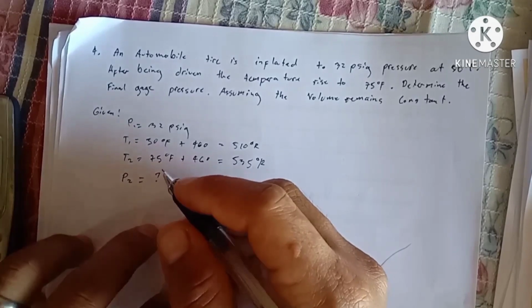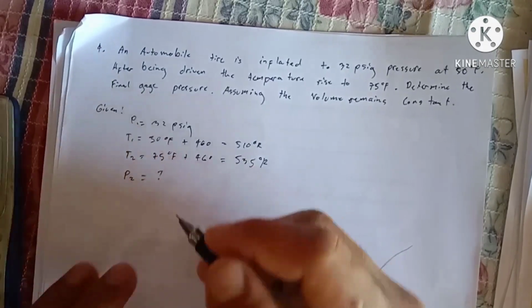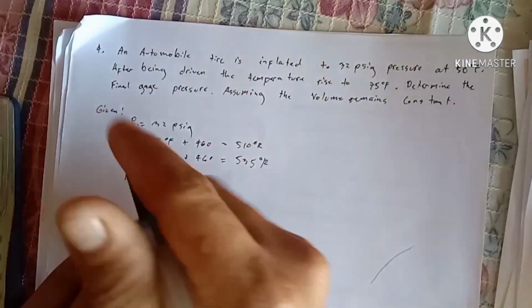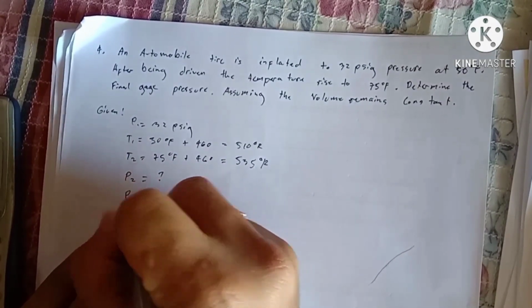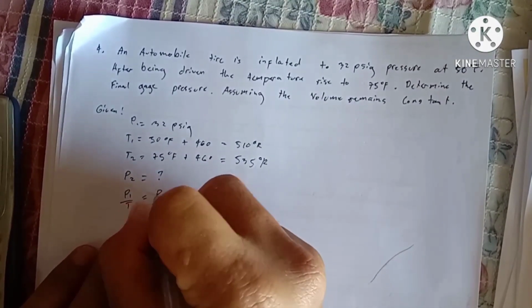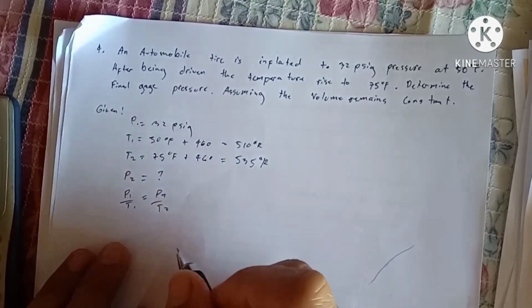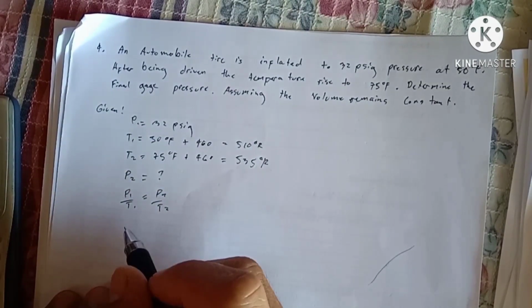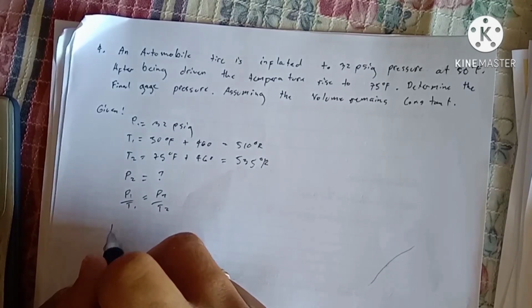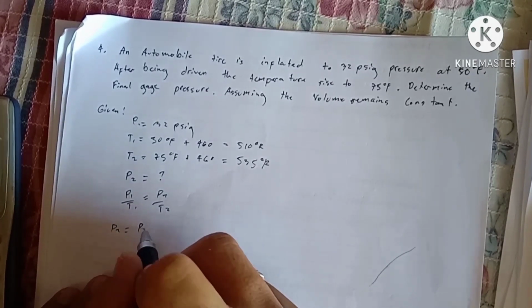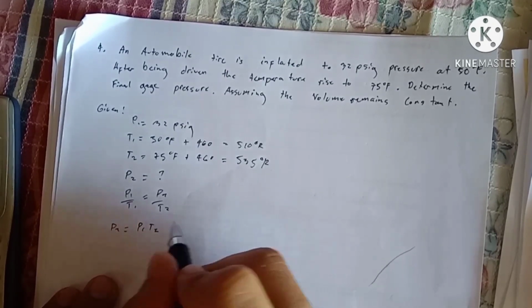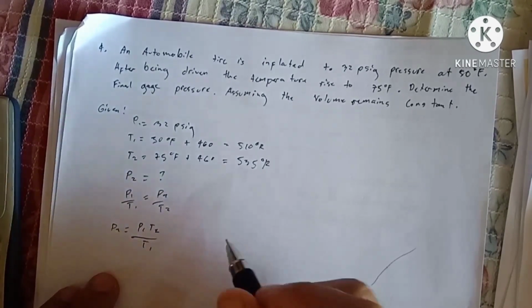The formula is P1 over T1 equals P2 over T2. Rearranging, P2 equals P1 T2 over T1.